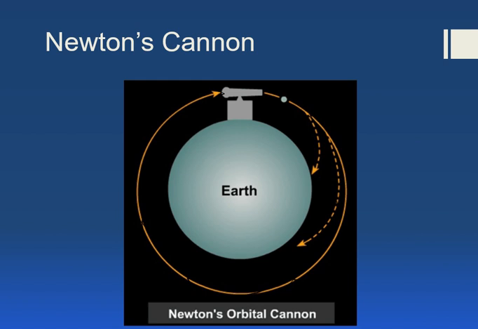So if we're looking at this picture right here, this is supposed to be Earth. And then on top of this is a cannon. And this is Newton's thought experiment, okay? So he was thinking, okay, we have a giant cannon and we fire it. Well, it's going to follow that parabolic path that we talked about earlier this year. If I fire it a little bit faster, it's still going to follow that parabolic path, but it's going to go a little bit further before it hits.